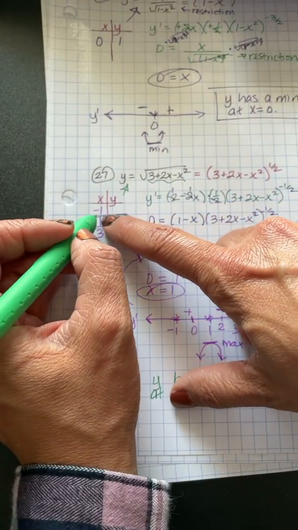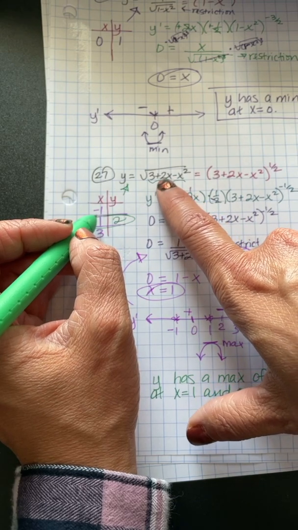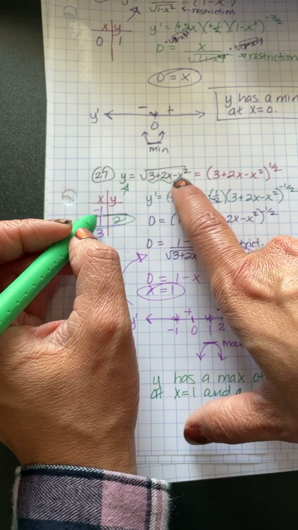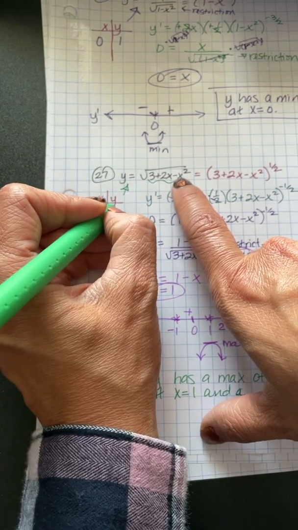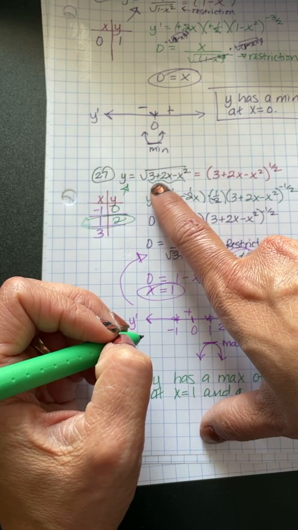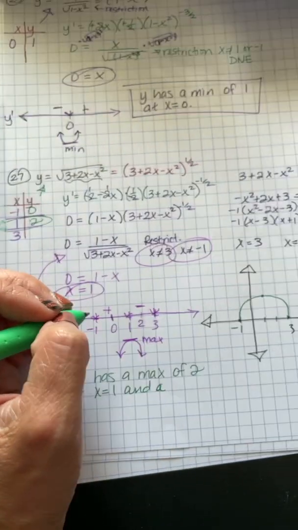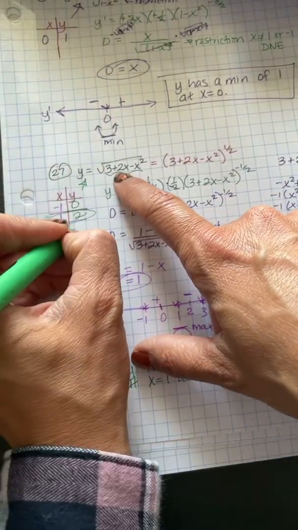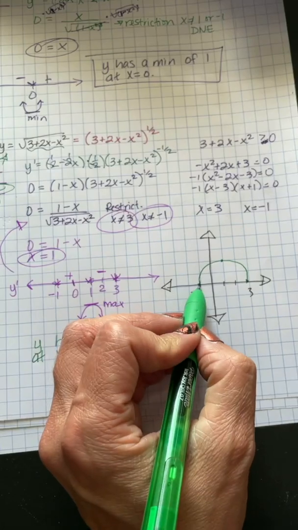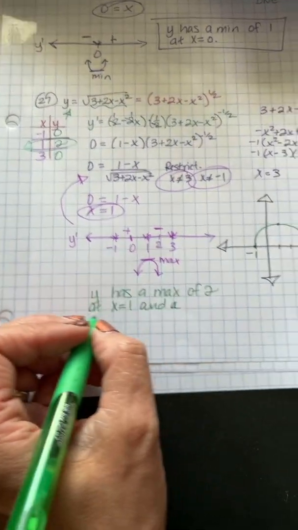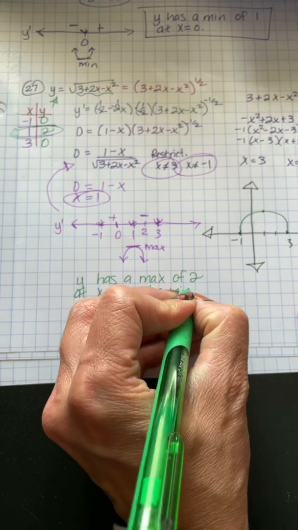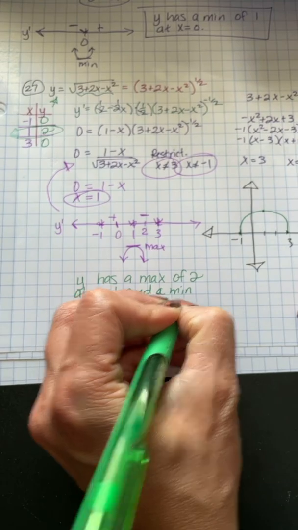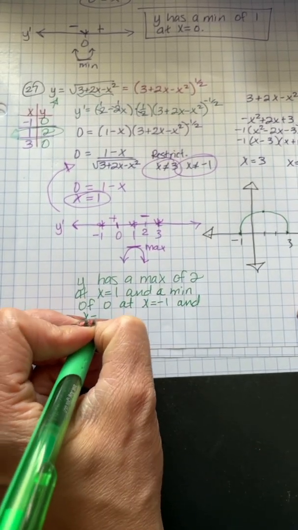If I plug in a negative 1, that would be a negative 2. 3 minus 2 is 1. 1 minus 1 is 0. Square root of 0 is 0. Plug in a 3. Well, hey, aren't these the places that make this equal to 0? So if I plug in a 3, it's also going to be 0. Plus, we can see on the graph, negative 1, 0, 3, 0. So there's a minimum of 0 at x equals negative 1 and x equals 3.